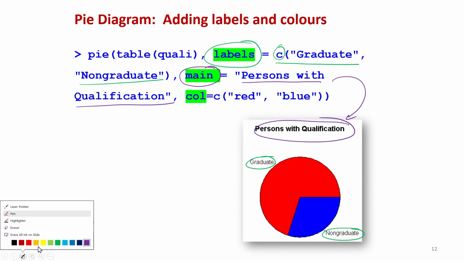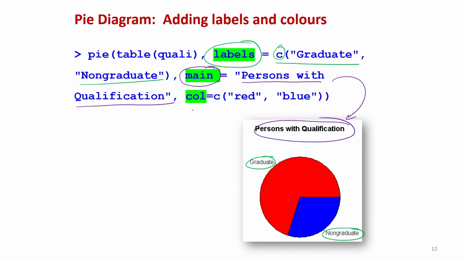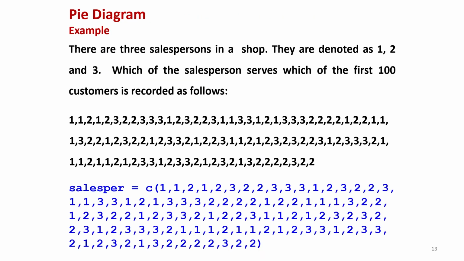And similarly, if you want to use different colors for different segments, in the same sequence you give those colors using the option col, and you combine them by a data vector, say red and blue written inside double quotes, and then you can see that these colors are changed. Segment 1 is red and segment 2 is blue. So you can see it is not so difficult to operate it.